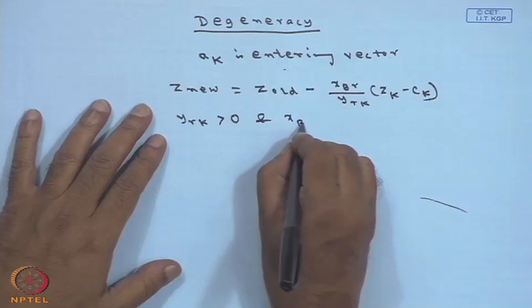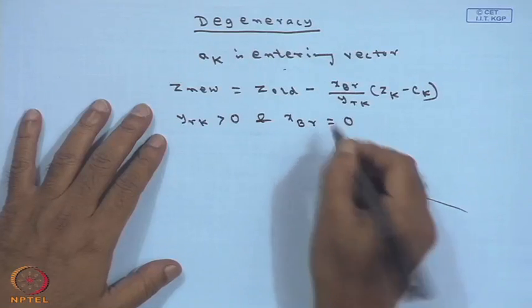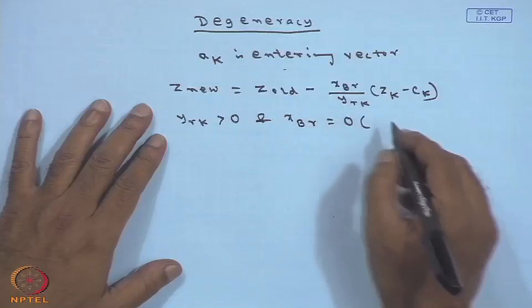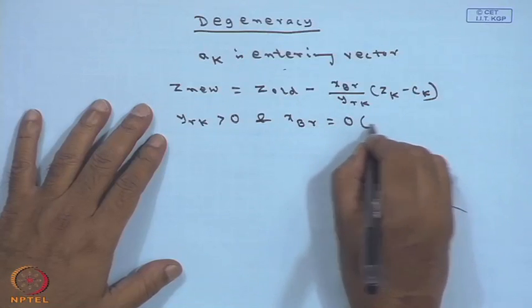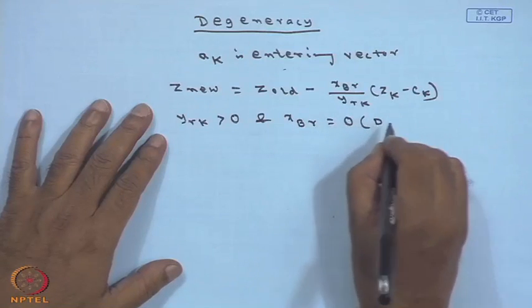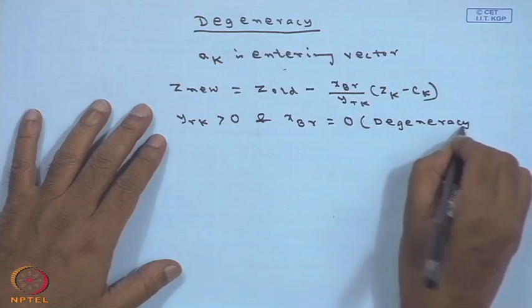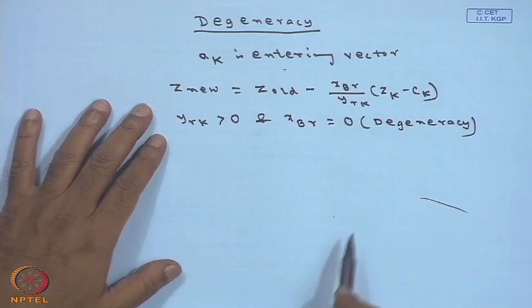We are also assuming x b r equals 0, because the problem generates the degenerate solution. So x b r equals 0 due to degeneracy.